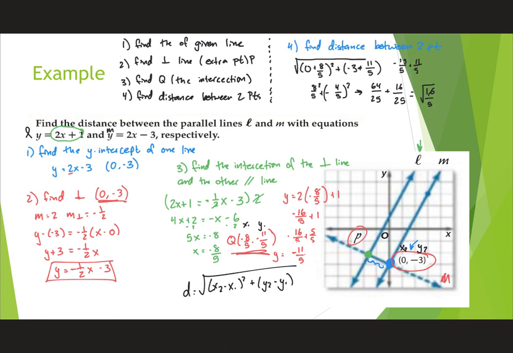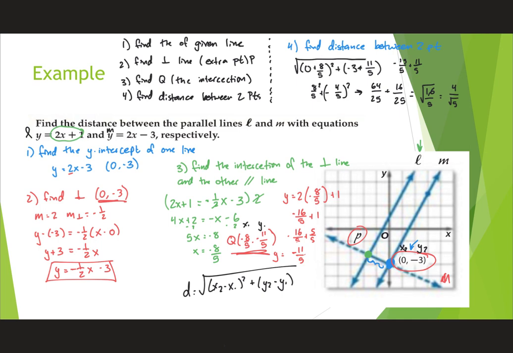All right. So most likely, if you braved the fractions, you got to this number right here, which is the square root of 16 over 5. Now, I'll simplify this with you together so you can see what happens. When you have the square root of a fraction, you're going to take the square root of the top and the bottom. So this ends up being 4 over the square root of 5.